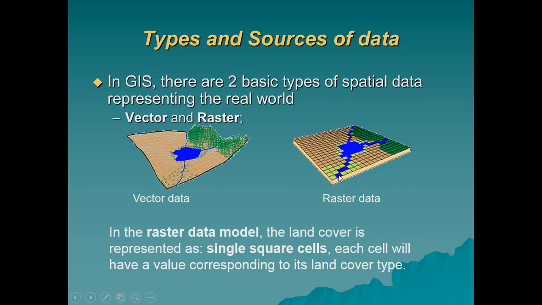So everywhere you see blue is a particular number, and here it represents water bodies. So you have rivers, and I think it's a lake here. The green represents forests, and the yellow I believe is marshland. Whereas in the vector you find it's represented by area features and lines.